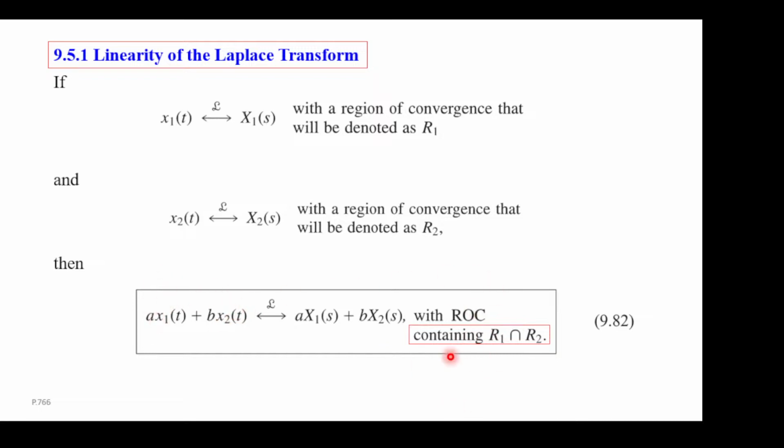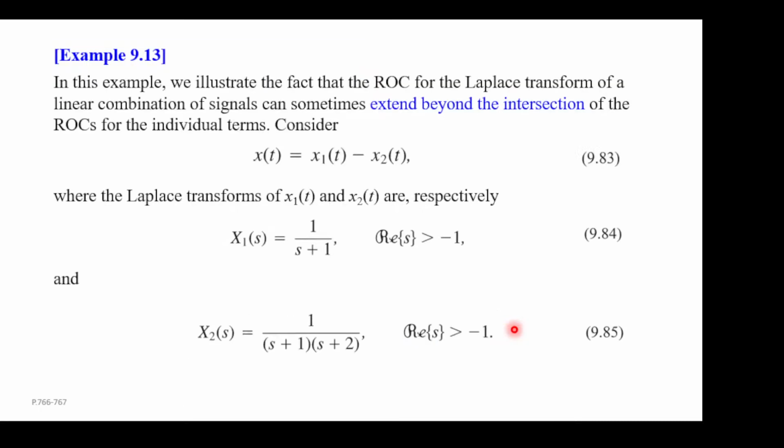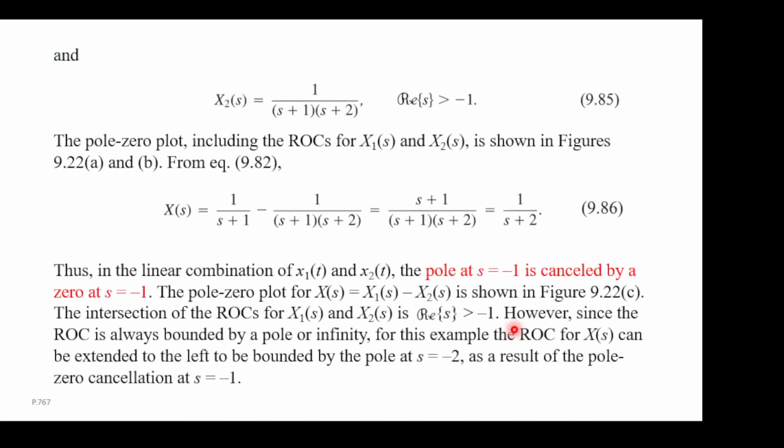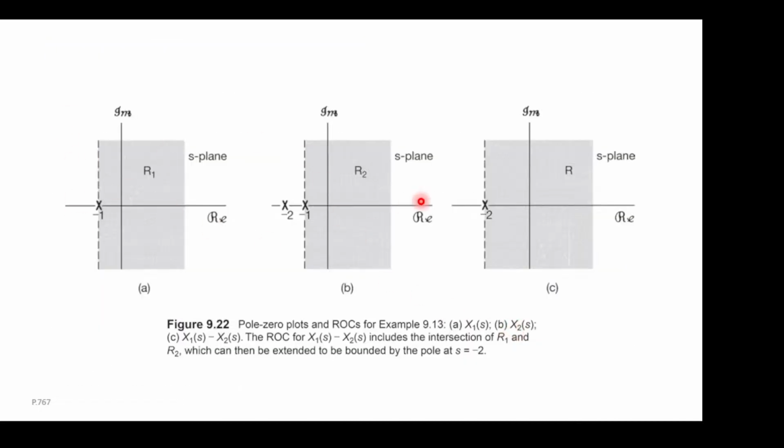And this containing means that your ROC can be bigger, because as we see in this example, although you think this doesn't happen, in some weird examples it happens where you are combining two things and maybe subtracting each other, and they have the same pole at some place. Here they have the same pole at -1, and when you subtract them, the pole disappears, and your ROC is bounded by poles, so your ROC extends out to the next pole at s equal to -2.